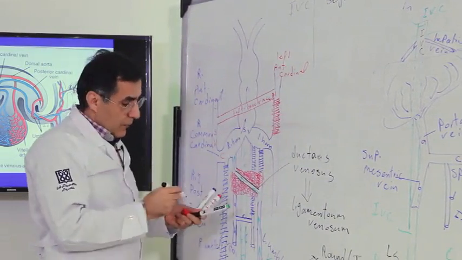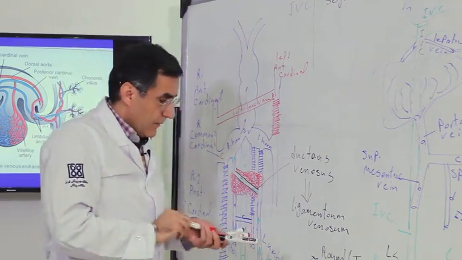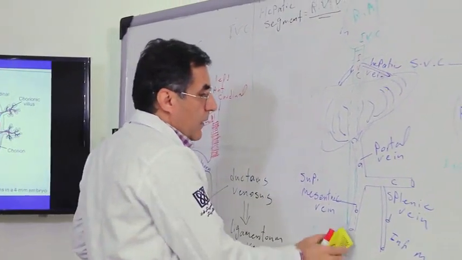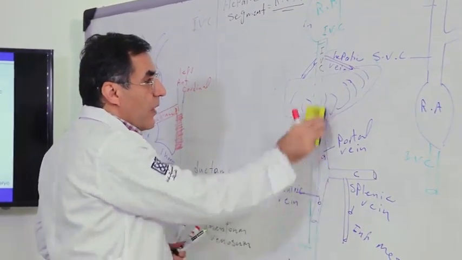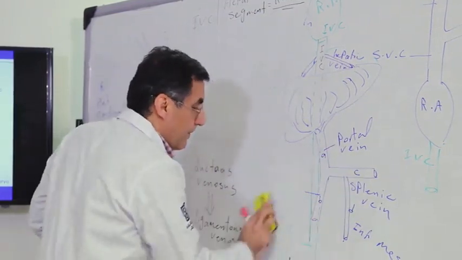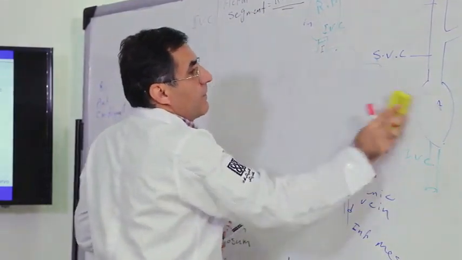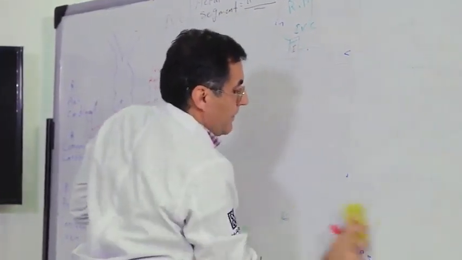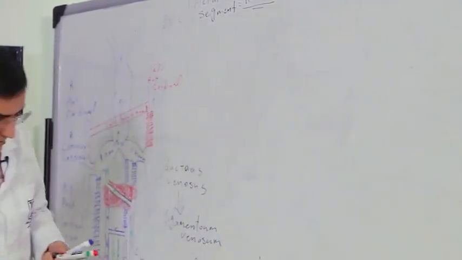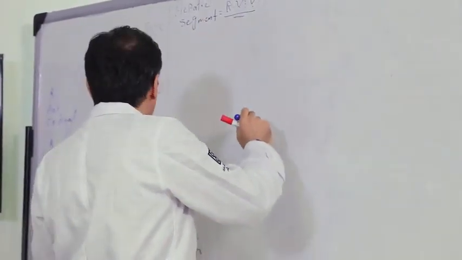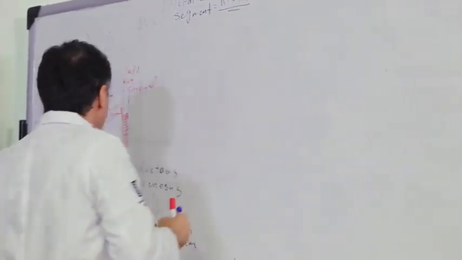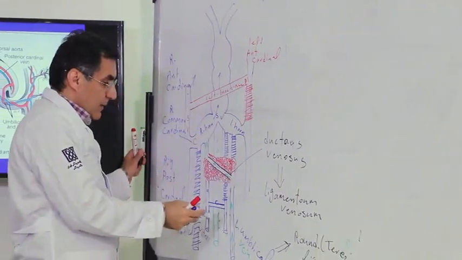What about the remaining part of the IVC? I cleaned this part, and only drew the IVC. I cleaned the hepatic portal system, to simplify my pictures and my lectures.